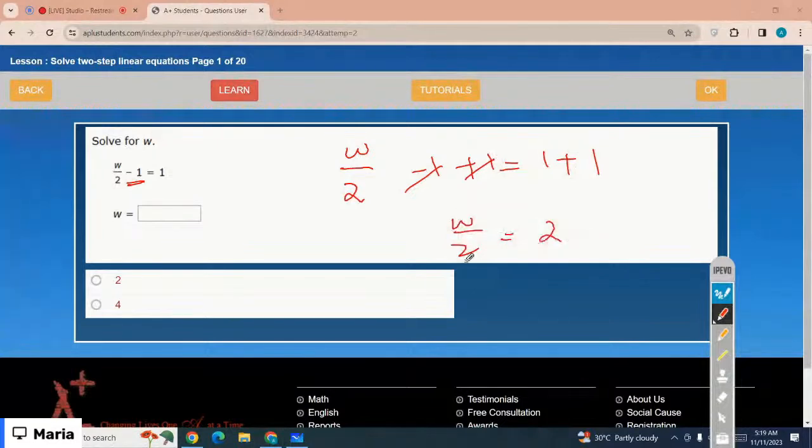You need to remove that 2 from here. That means you need to multiply both sides by 2. So 2 and 2 cancel out and 2 times 2 equals 4. So that means the correct option is 4.